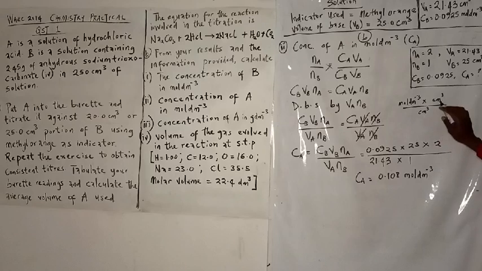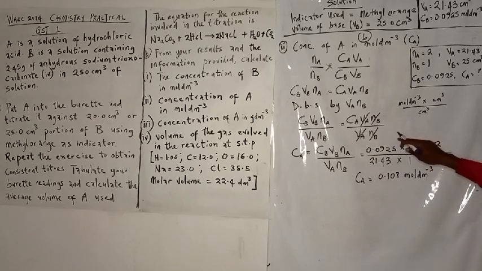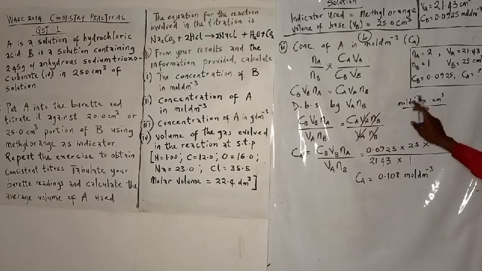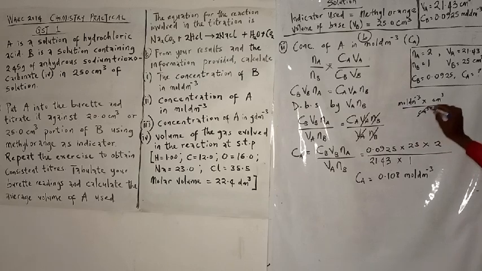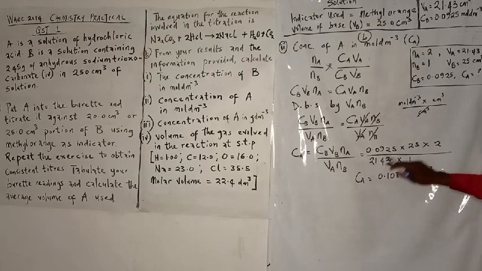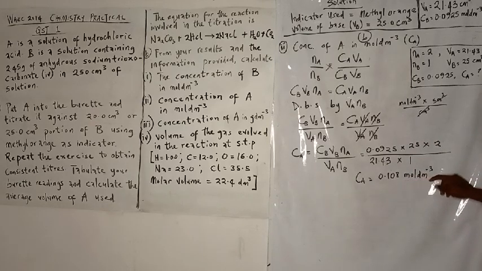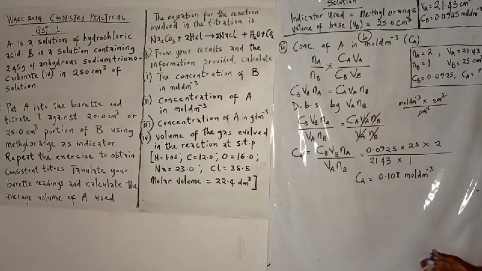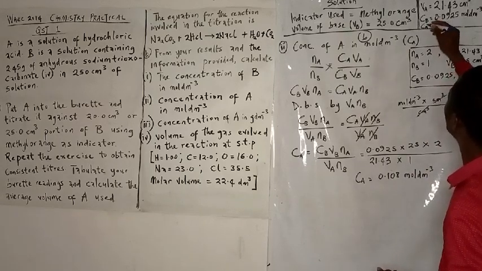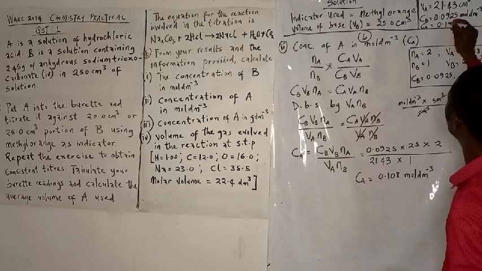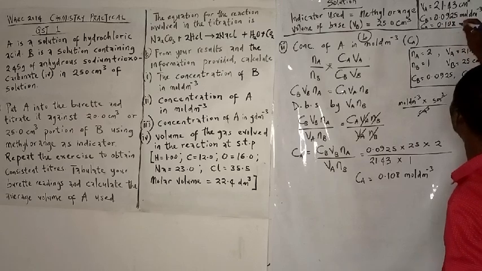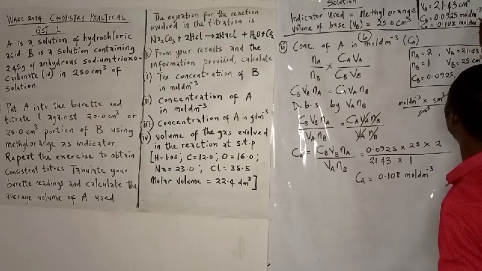So there's no need to convert this one from cm cube to dm cube to match the unit for the concentration in mole per dm cube, because cm cube of the volume of acid will cancel cm cube of the volume of the base, and our unit will be in mole per dm cube. So that is the answer for our Ca. Let me say Ca is equal to 0.108 mole per dm cube.